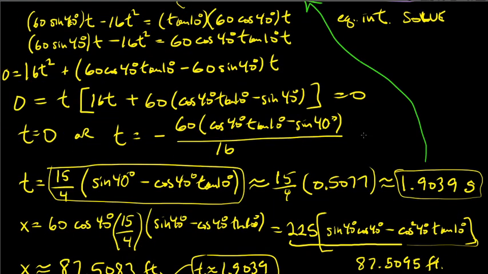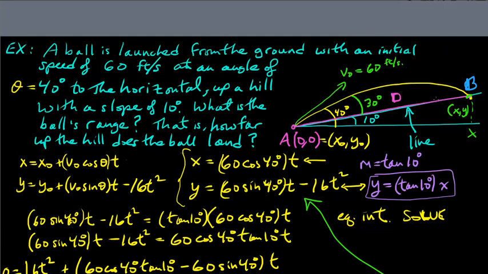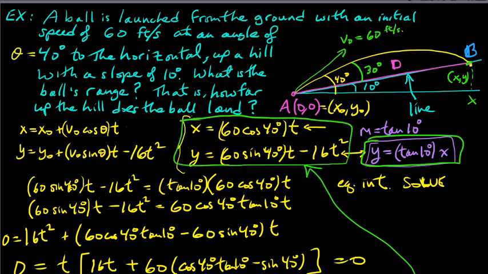But that's how to do it. Not an easy one, just one that you had to think about carefully, go through the equations, and the key is to basically intersect the line with the curve. And these are the parametric equations of the curve. This is the geometric equation of the line.